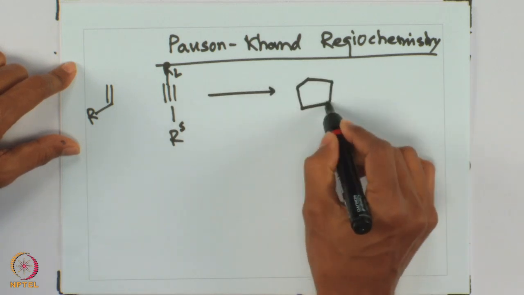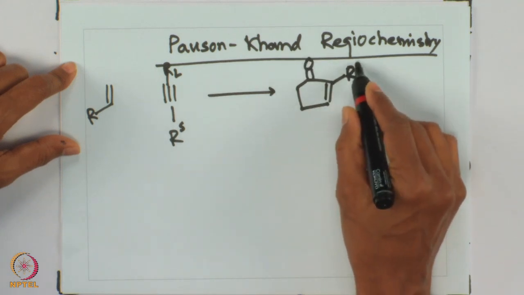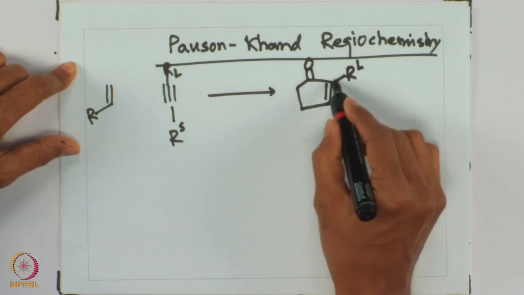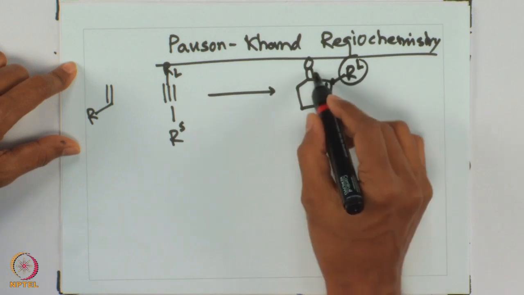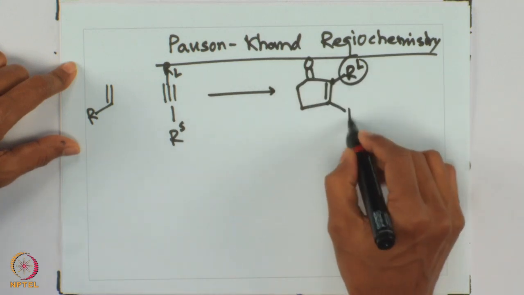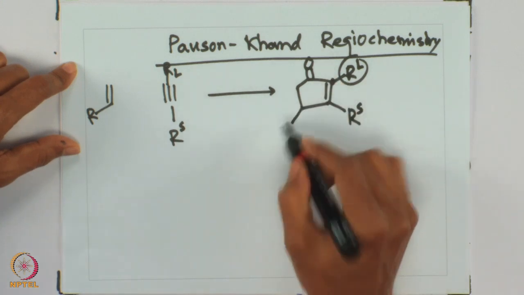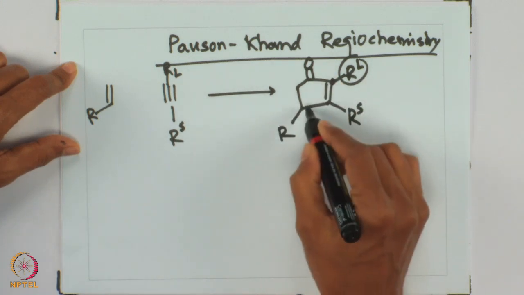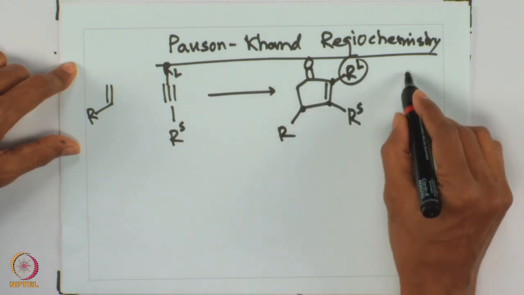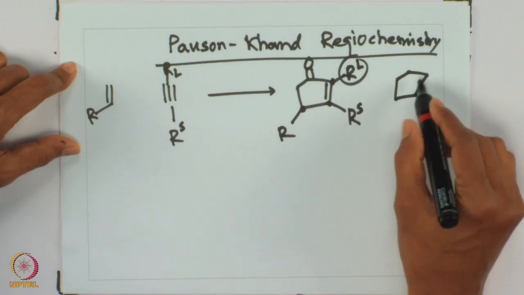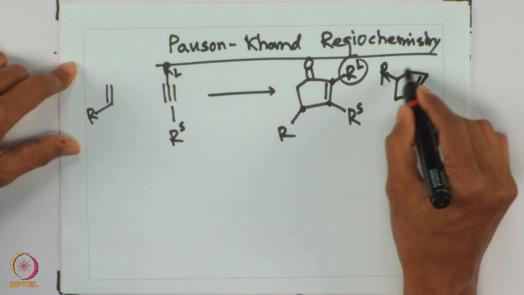case one can have are two different ones, where R_L could be there. R_L, the big group, will usually be close to the carbonyl and the small R_S will be far from the carbonyl. Now, in one orientation you can have R at this position close to R_S, and in another regiochemistry you can have R close to the carbonyl. Always R_L is close to the carbonyl.